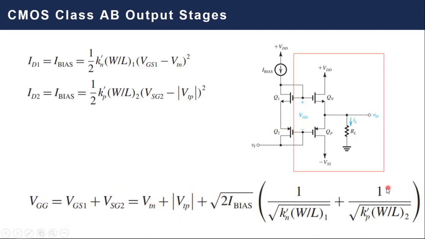What is interesting here is that, of course, these thresholds and these material parameters will be kept constant all over your experiment. But you still have the ability to tune the VGG by tuning simply the I bias. So by varying the I bias, you vary this voltage, which leads to a variation in the VGG, which is typically the same as when we say a VBE multiplier. So now you control the gate-to-gate voltage by varying the I bias here.